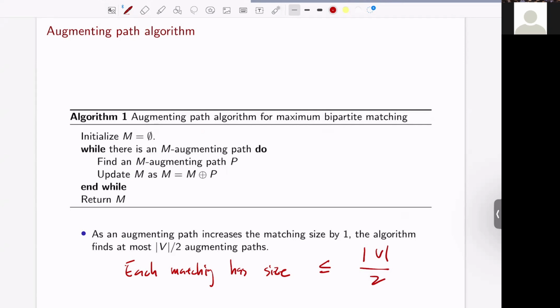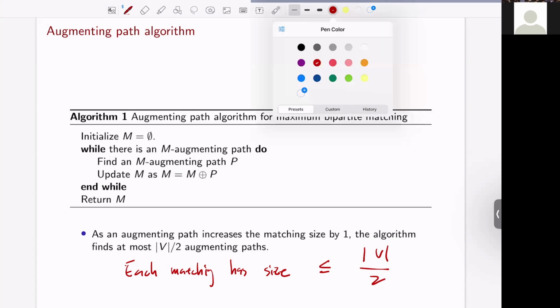Because each edge consumes 2 vertices in your graph. So this is a trivial bound on the size of the matching. And every time you take an augmenting path, you are increasing the size of the matching by 1. So this is basically the upper bound on the number of augmenting steps.